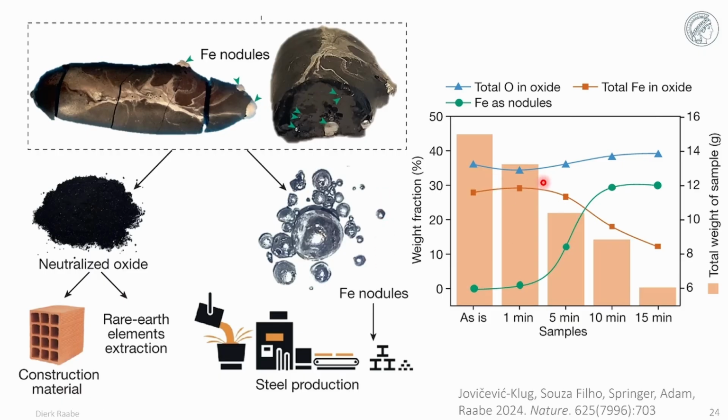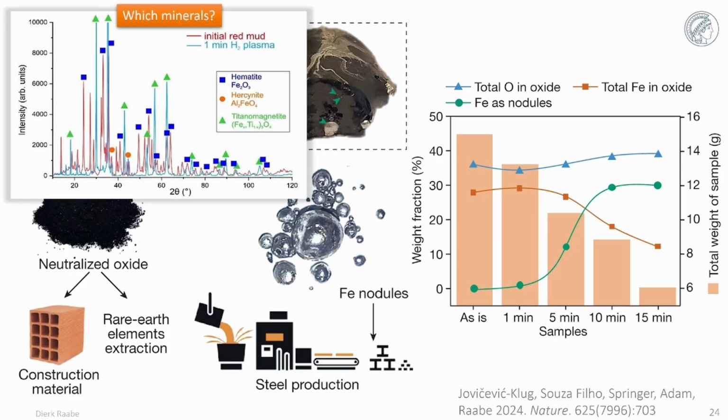And again you see this happens at a very fast pace, as I've shown you before. That means you extract the 30% iron that this red mud typically contains practically completely after 10 or 15 minutes, and by that eliminate a very toxic industry waste and extract the valuables from it.